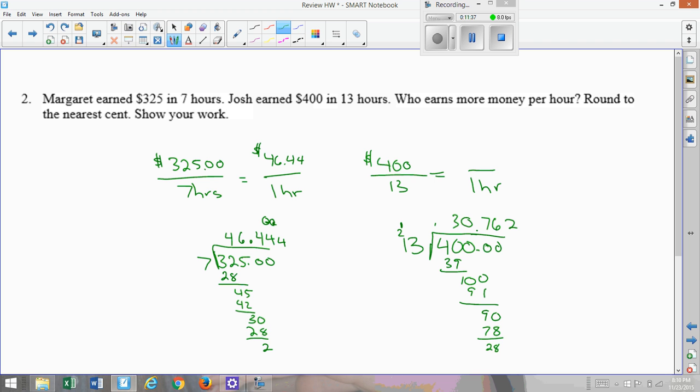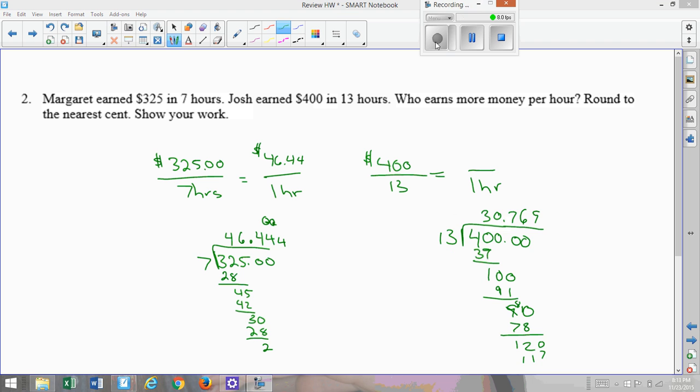Okay, I made a mistake in there. 6 times this is going to be 78. I'm going to pause it and just redo it, so check out the work in a second.